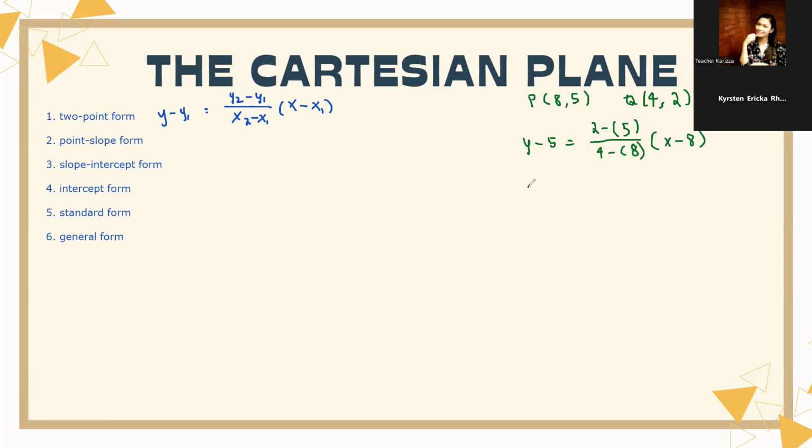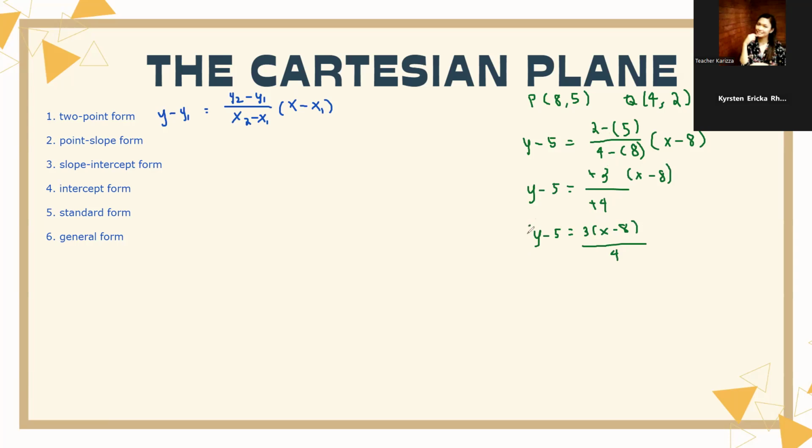We have y minus 5 is equal to negative 3 over negative 4 times x minus 8, right? And then we have 2 minus 5. So we cancel the negative over negative. So we have y minus 5 is equal to 3 times x minus 8 over 4.